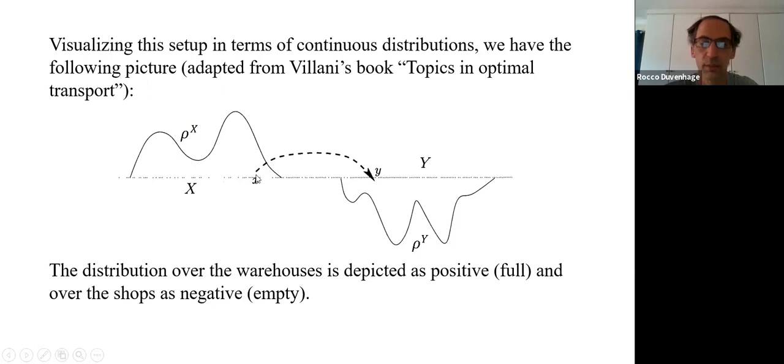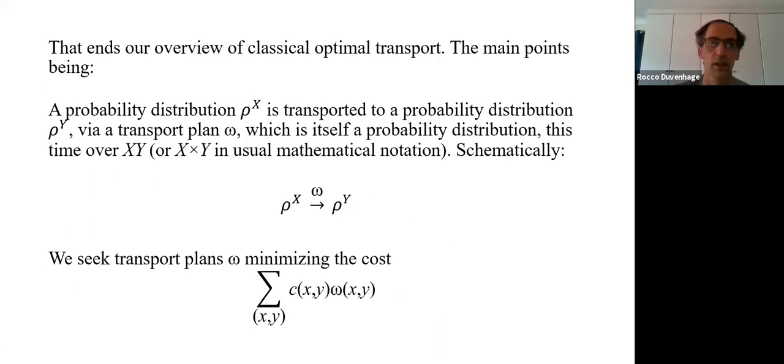You can take a little bit from X to Y, and once you've moved all the goods to all the shops, you've completed the transport. And again, as I explained earlier, there's some cost involved that you want to minimize. So that's the basics of the classical case.